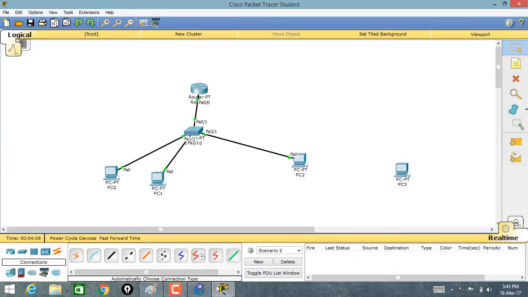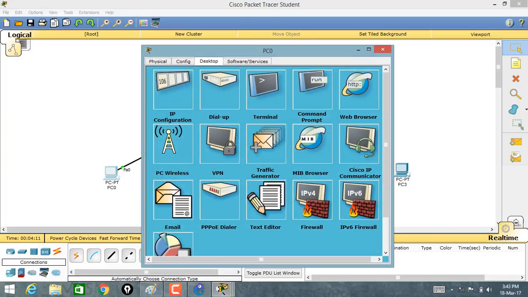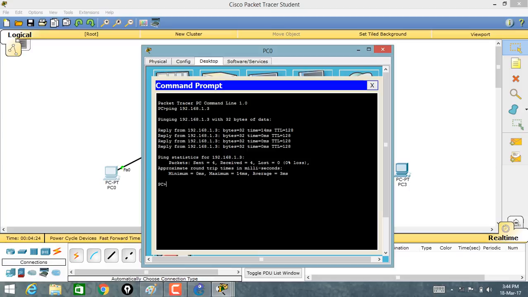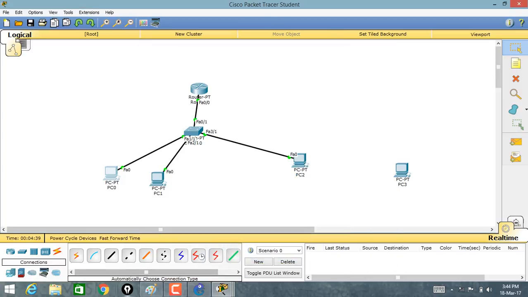If I want to ping within my own subnet, ping 192.168.1.2 or 3, it will be able to ping its own subnet. But if I want to ping 192.168.1.9, which I have given over there, it won't be able to ping, since this is sales and the other one is management.